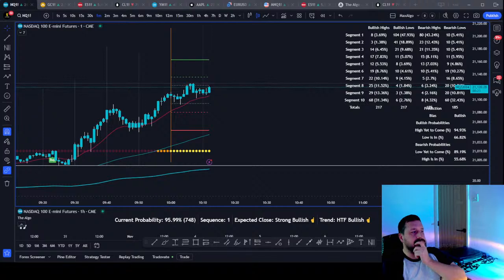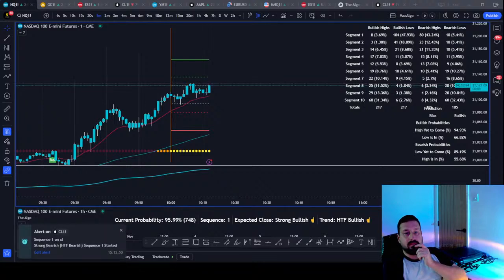God, I'm trying to remember some of the stuff I used to look at in the last run. Linear curve.